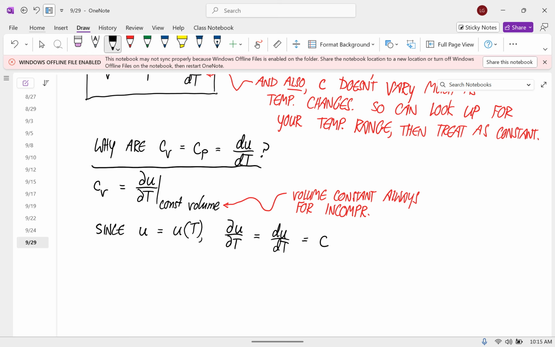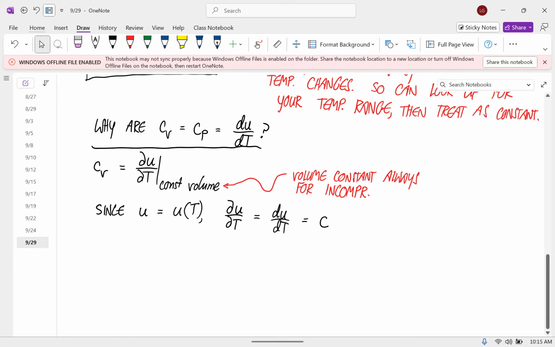So now, for the constant pressure version, why is it true? Well, Cp is defined as the partial derivative of the specific enthalpy with respect to temperature at a constant pressure. This one doesn't just instantly work, we don't know that the pressure is always constant for an incompressible material. That's not a definition of incompressible material.